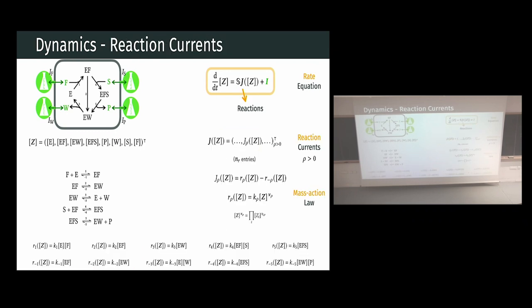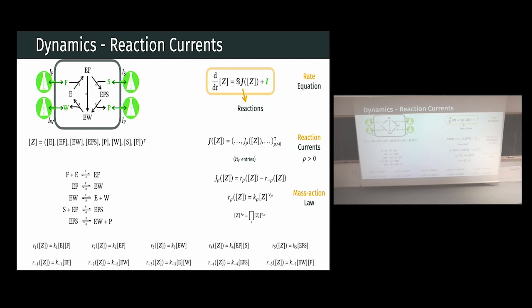If you want, it is the vector which has entries for every reaction, and each entry of that vector is the current, the rate at which each reaction occurs. It's given in terms of the difference between the forward flux and the backward flux.